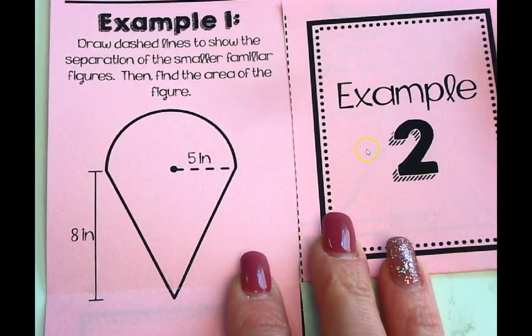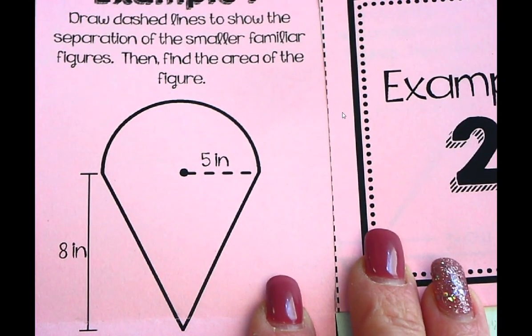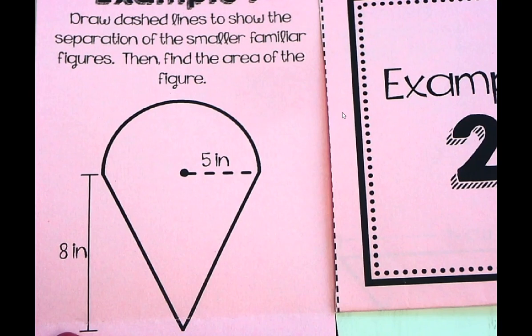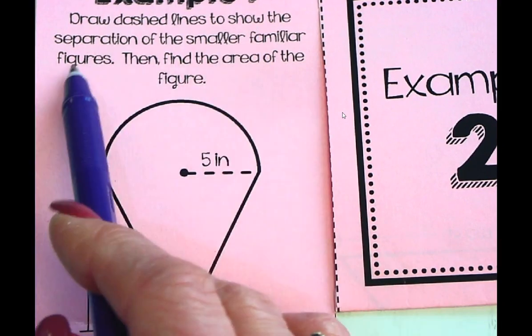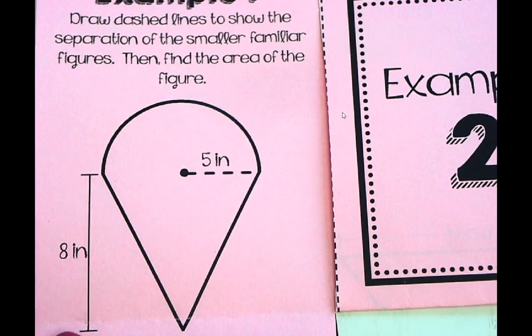it says to draw dashed lines to show the separation of the smaller familiar figures. So this looks like an ice cream cone, but I don't have a formula for that. So I'm going to draw dashed lines to show the separation. What shapes do you see here? Ruby June, what do you see?